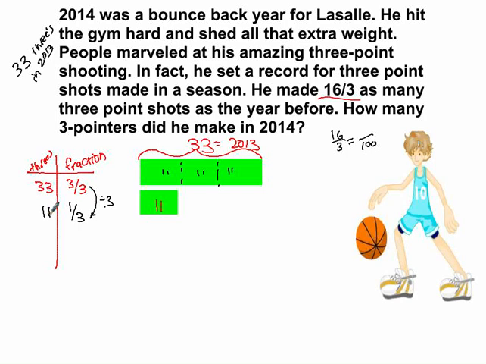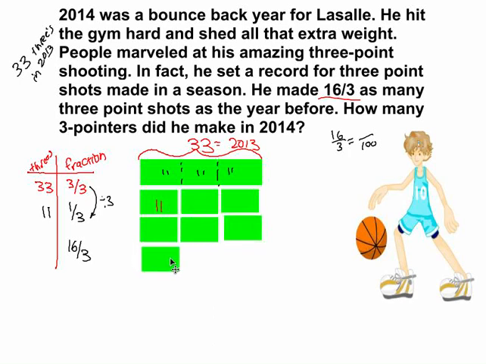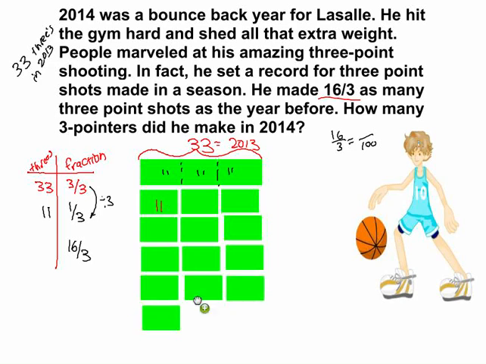But it says he made 16 thirds as many. So we know what 1/3 is, but now it's saying that he has 16 of these. So we would make 2, 3, 4, 5, 6, 7, 8, 9, 10, 11, 12, 13, 14, 15, 16.